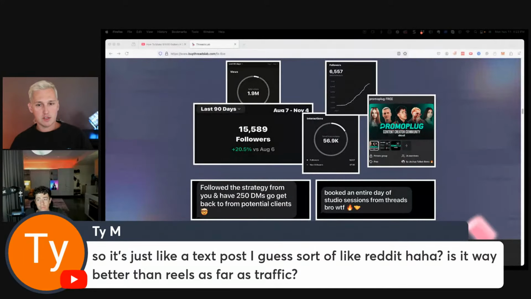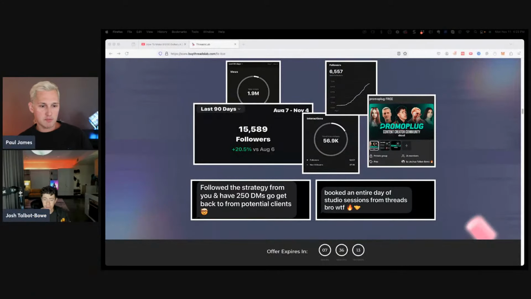Totally. I might be wrong on this, but I feel like Facebook, Instagram, Meta right now have something to prove, that they're not censoring people. Some of the other platforms out there right now, like YouTube, for example, we're seeing a lot of censorship. There's not a lot of algorithmic reach for everyone. But I think it's quite the opposite right now with what's going on with Threads.